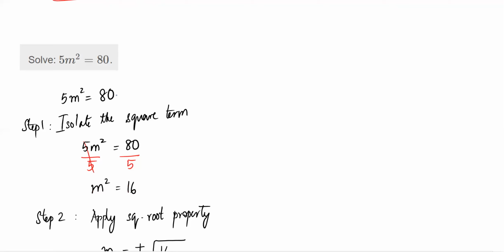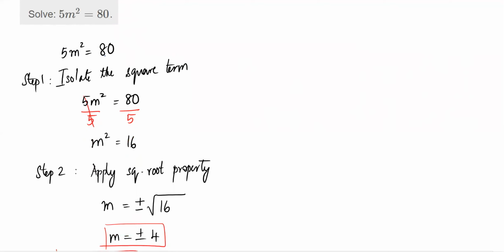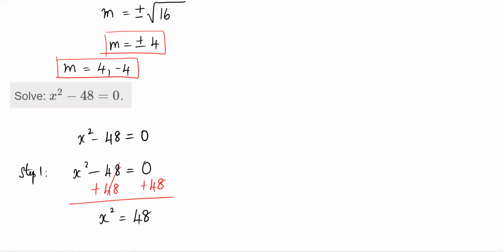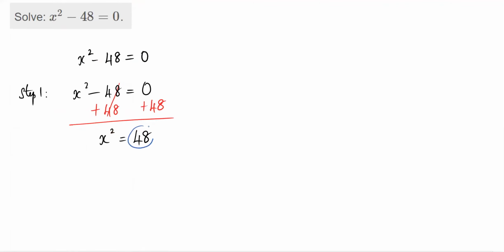Again, don't look at the 80 yet. You want to look at this step where it's after isolating. After isolating, this was positive, because if it was not positive, you cannot really use the property, right? Yes, after isolating, this is positive. And therefore, we are guaranteed step 2, which is x equals plus or minus square root of 48.